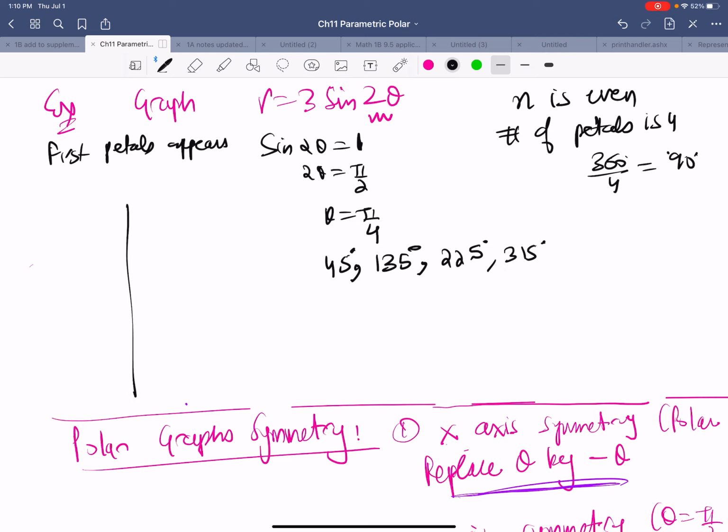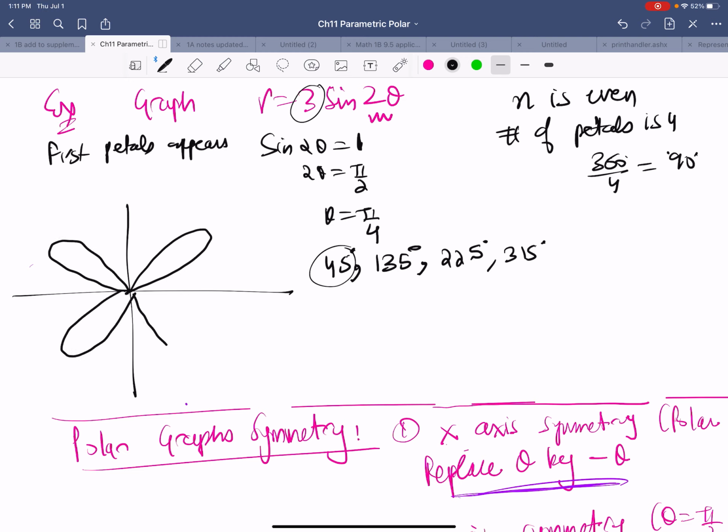Okay, so let's start this rose curve here. The radius is going to be 3 in this case. Let's go ahead and graph it. The first petal appears along 45 degrees, the next 135, the next 225, and the next one will be 315.